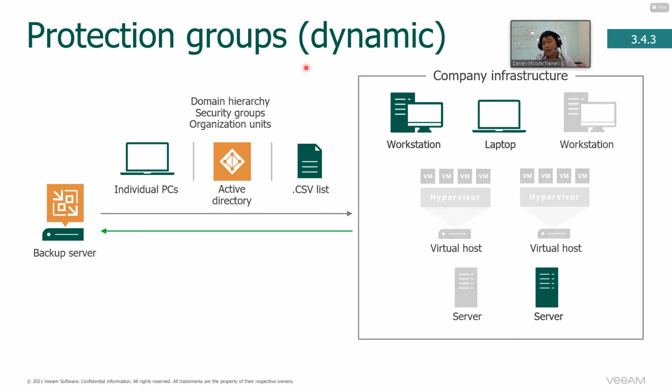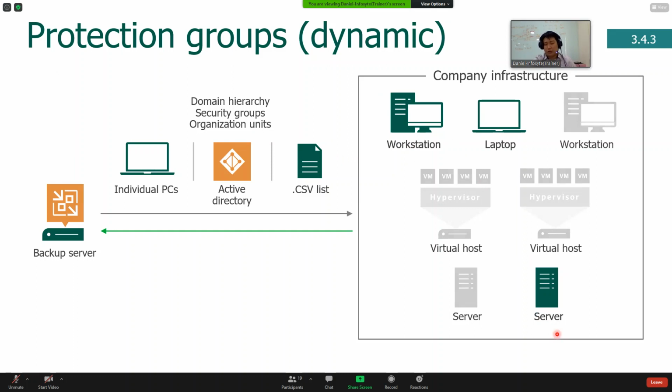Okay, so using dynamic, we can utilize Active Directory domain controller objects. So these are all the group objects that are available, and maybe I can select the entire organizational unit, OU. The OU is just like a folder that comes with a list of virtual machines, workstations, laptops, or even servers, either physical or virtual.